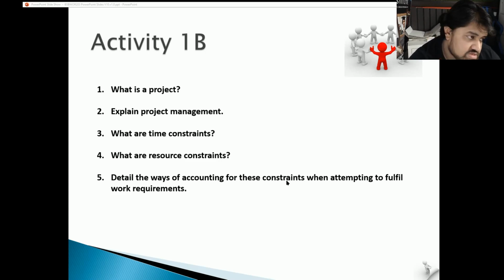So time constraints could be anything really. It could be physical. So you might not be able to actually do the task in 20 minutes, or a certain task needs to be done in 10 minutes. So you need to figure out how you're going to cut down your current cooking methods or procedures to meet those time constraints.